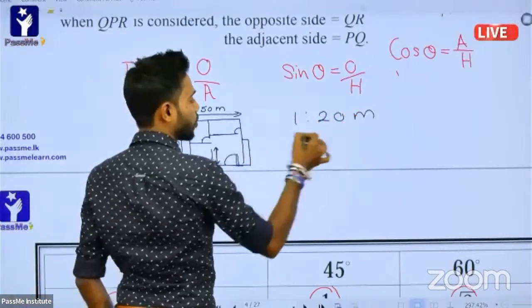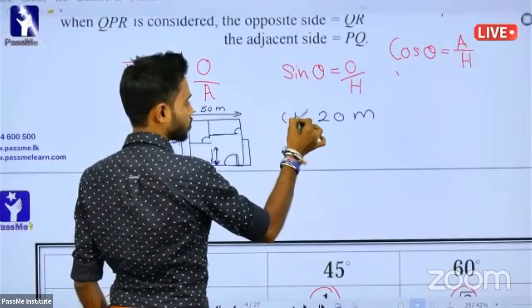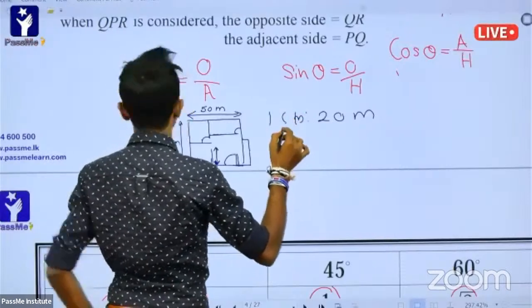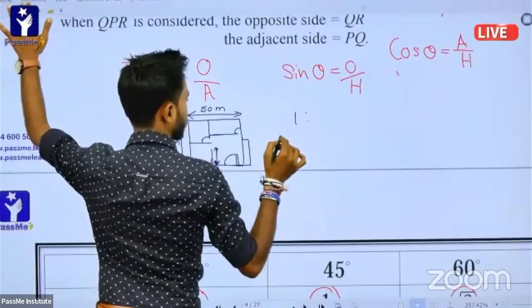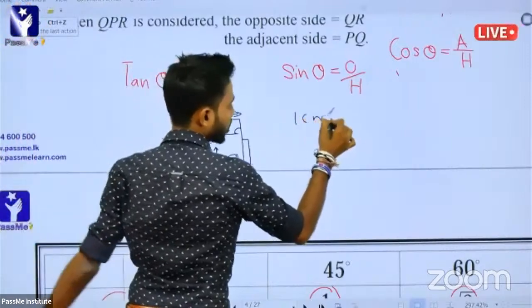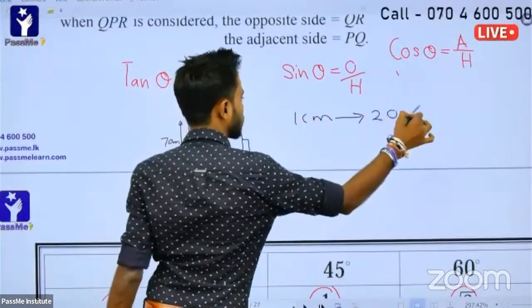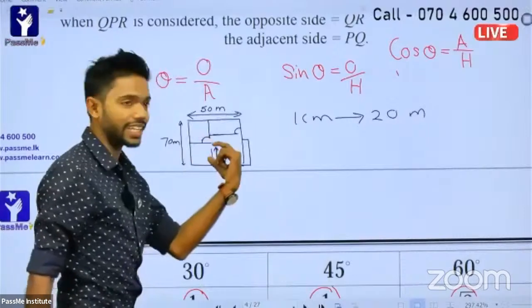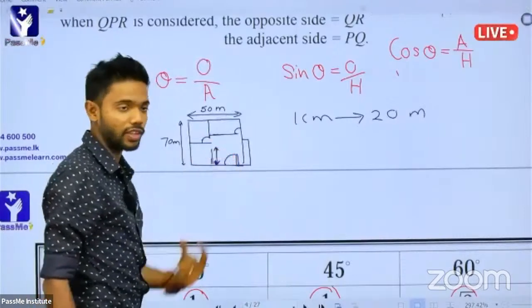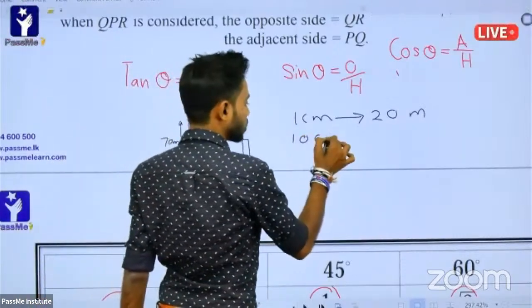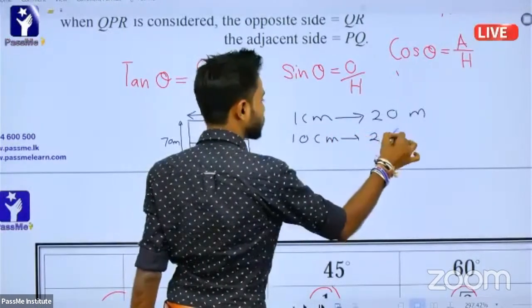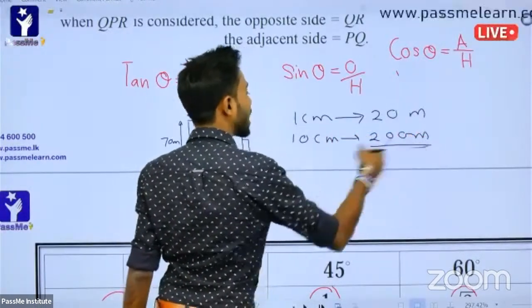For example, 1 centimeter will represent 20 meter, let's say. So that means if you have 10 centimeter here in the plan view on your paper, it means 200 meter. So this is the actual.